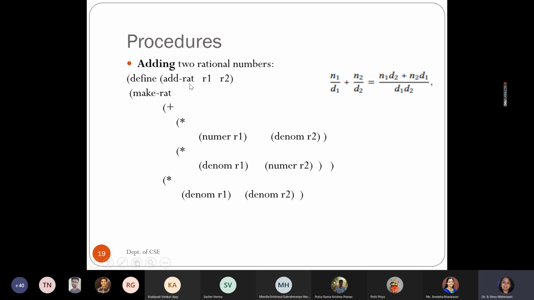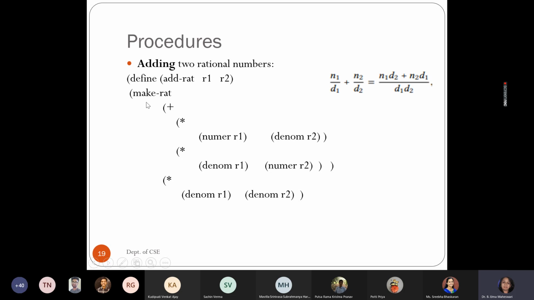In the define of add-rat, inside the logic, I'm calling make-rat, making a pair. The output is nothing but a pair: numerator and denominator. What is that numerator? It's the calculated part, these three lines, and the denominator part is this one.